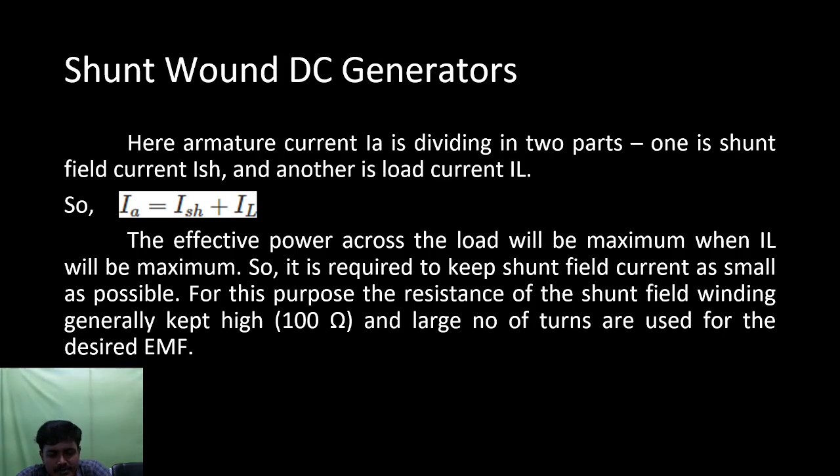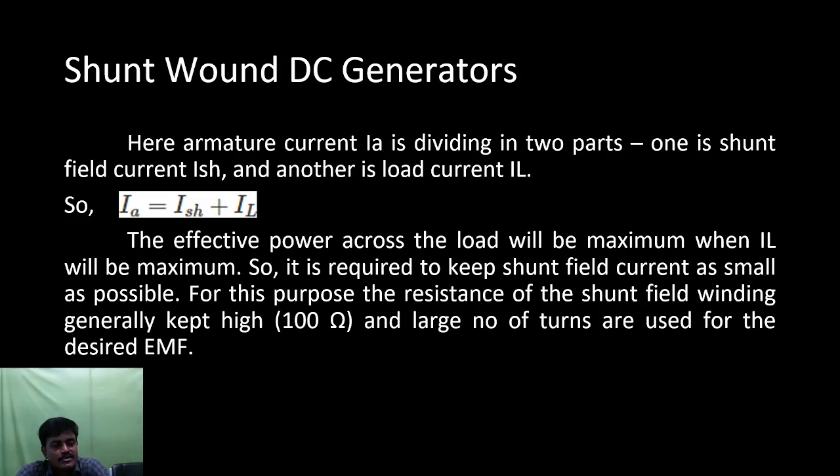For this purpose, the resistance of the shunt field winding is generally kept high, nearly 100 ohm, and a large number of turns are used for the desired EMF. Our ultimate aim is to deliver the load current without huge losses inside the machine.